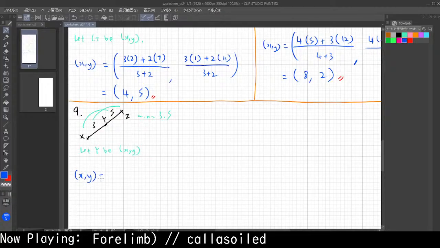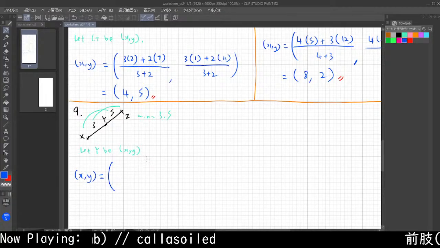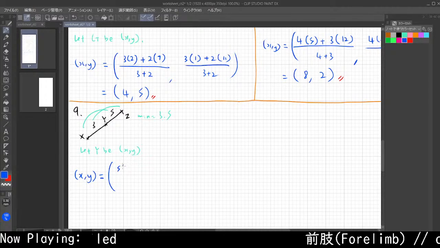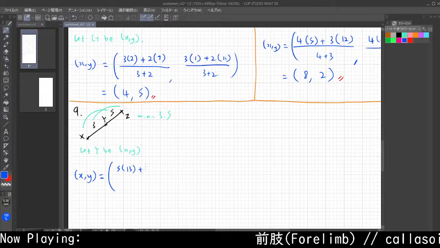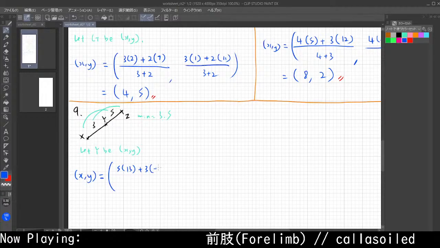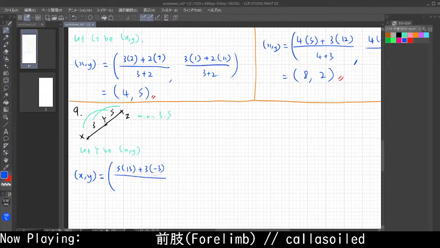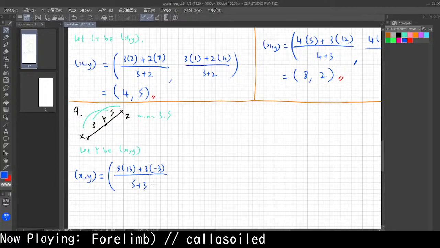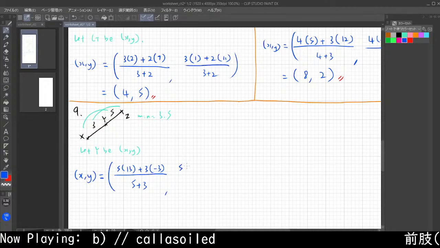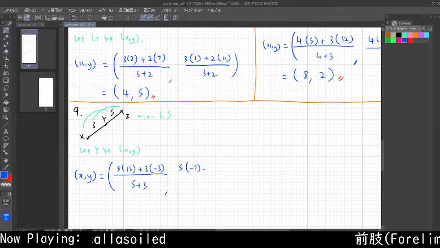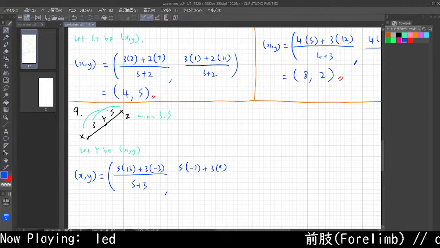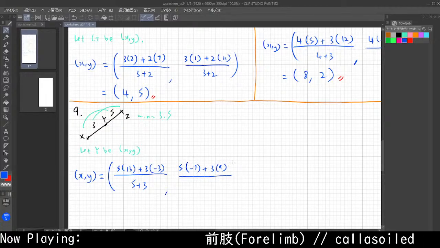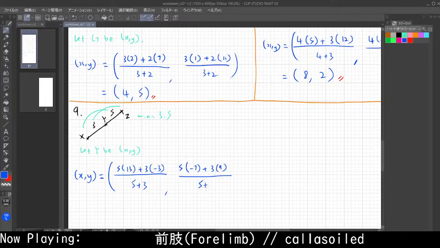Then (x, y) equals open bracket, n times x1, so it's 5 times 13 plus m times x2, so you get this 8. So you get this over the total amount, and then 5 times -7 plus 3 times 9, n y1 plus m y2 over the total.